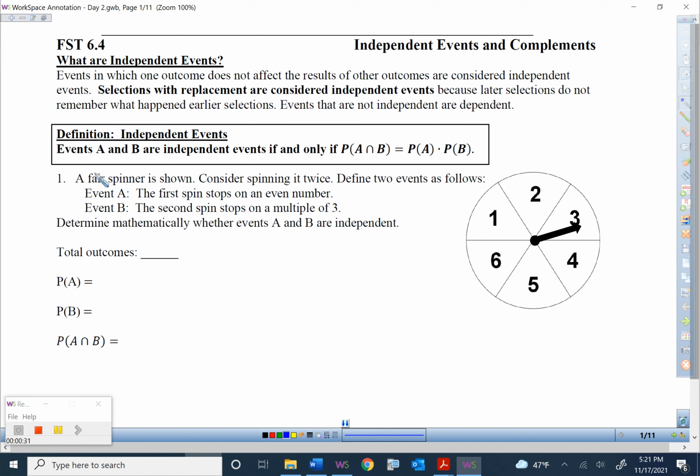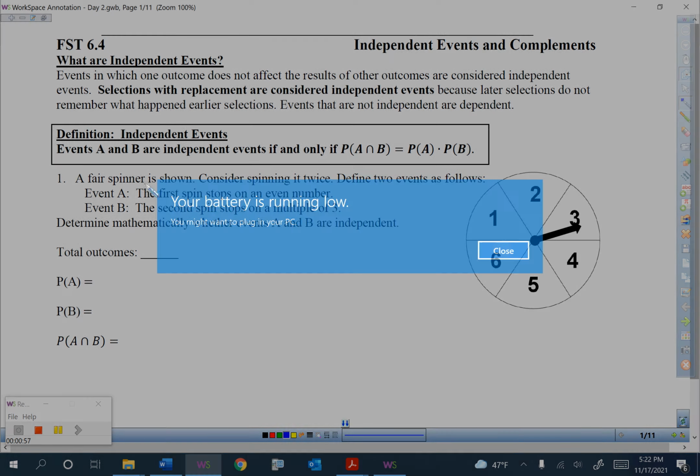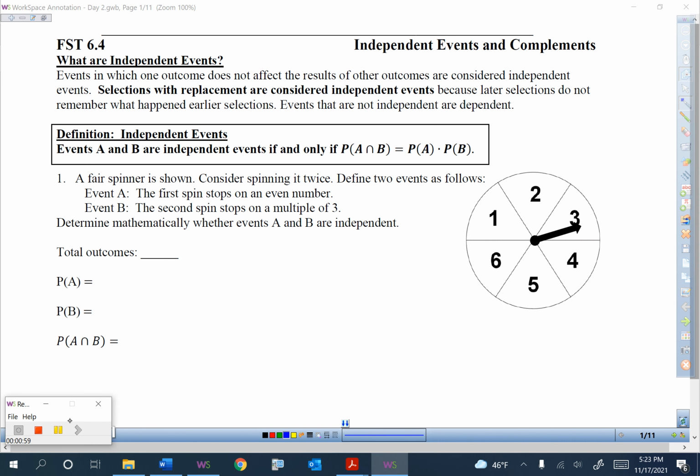So here we go. The first one says we have a fair spinner over here. It's got 6 parts. They're all the same size. That's what makes it fair. We want to spin it twice, and our events are: the first spin stops on an even number, the second spin stops on a multiple of 3.